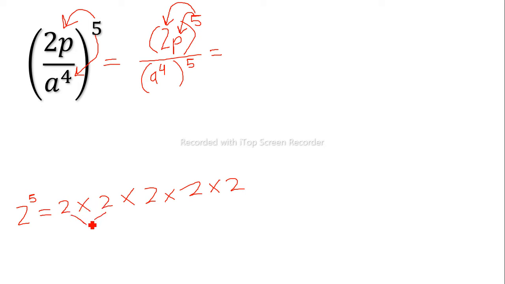Alright, very good. 2 times 2 is 4. 2 times 2 is 4. Alright, times 2. We know that 4 times 4 is 16. 16 times 2 is 32. Very good.